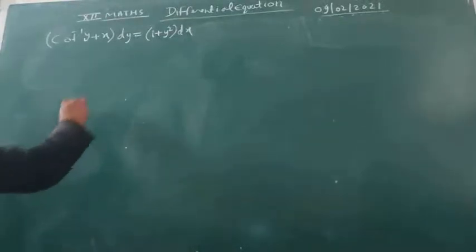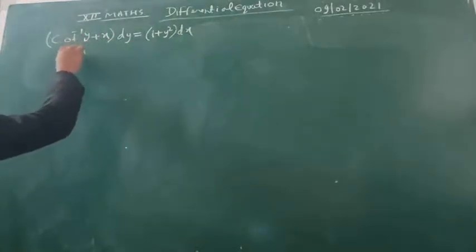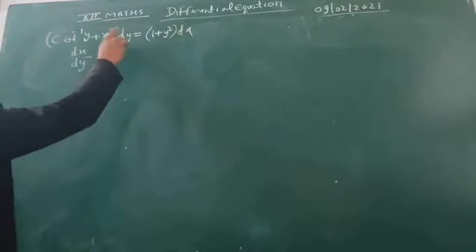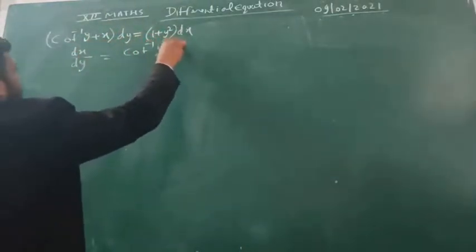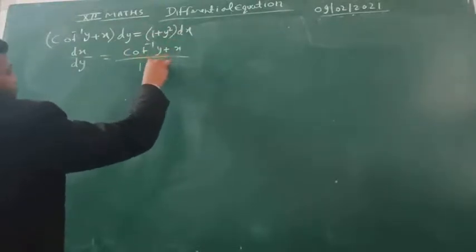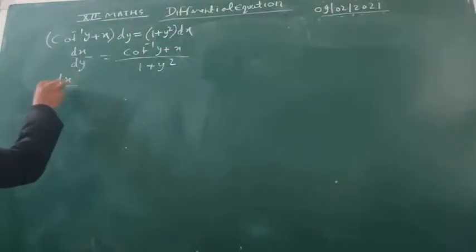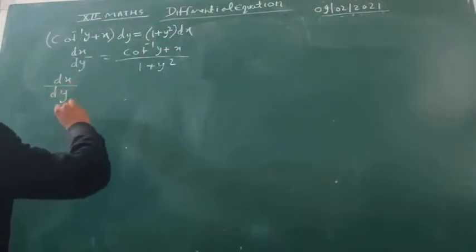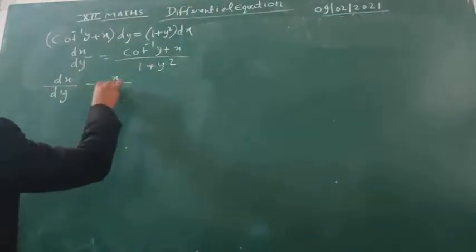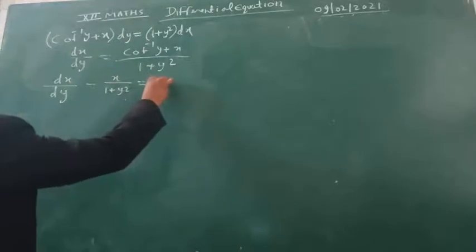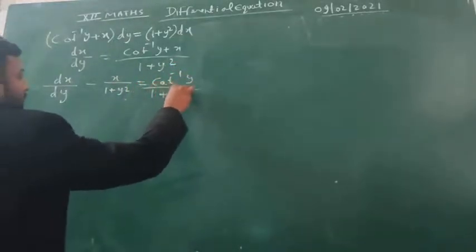So first of all, students, we write dx by dy is equal to (cot inverse y plus x) by (1 plus y square), and dx by dy minus x by (1 plus y square) is equal to cot inverse y by (1 plus y square).